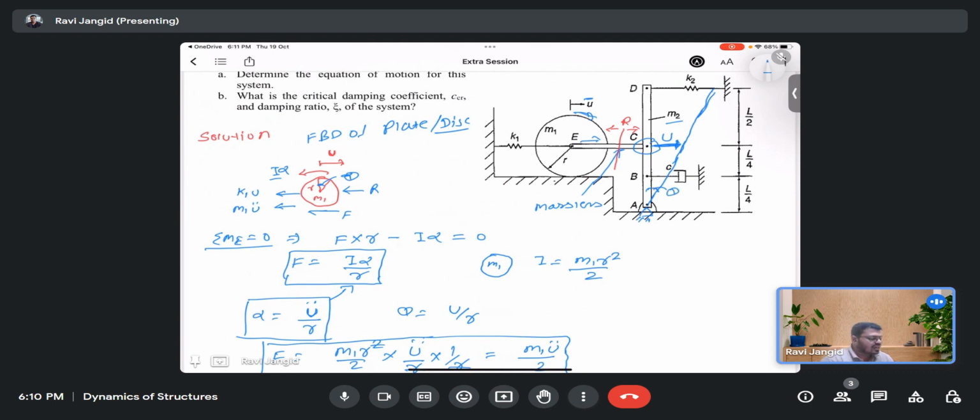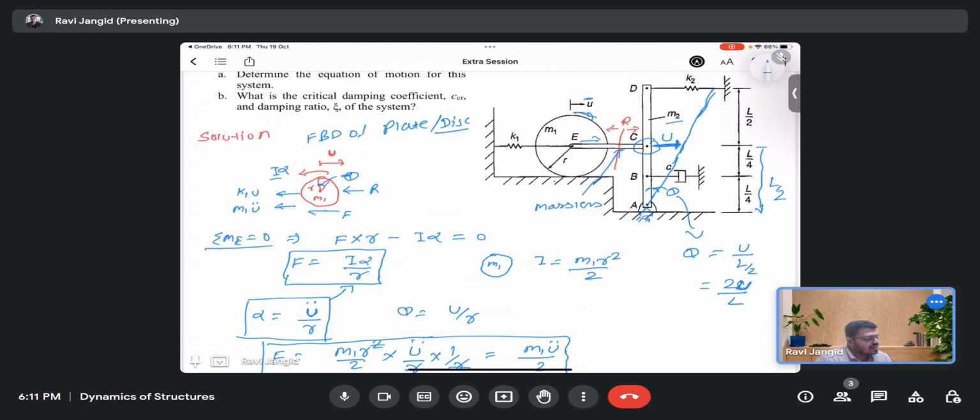What is the value of that theta here? Theta is given as u divided by l by 2, so that becomes 2u by l.